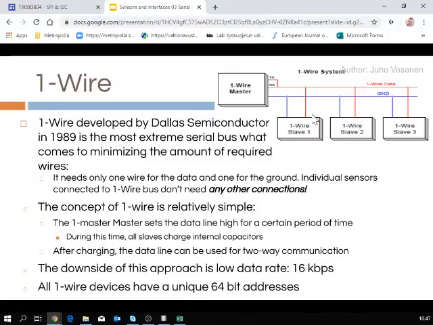Okay, one wire. I start with the one wire because it's actually quite a nice concept. Dallas Semiconductor, and again, ancient technology, still in use because of its simplicity. So you have one wire master, meaning your microcontroller. Both transmit and receive lines are the same.